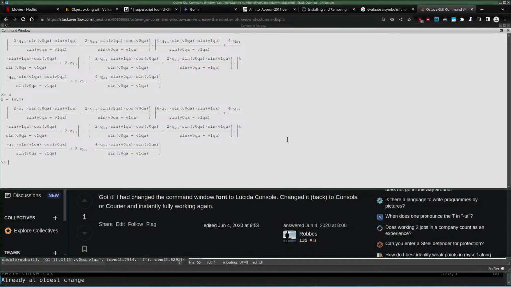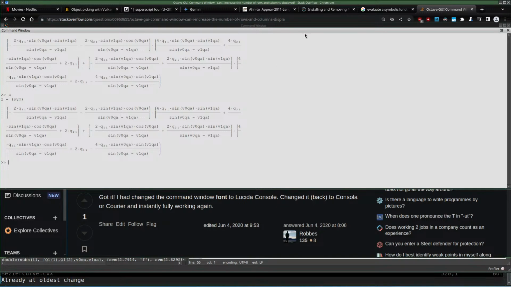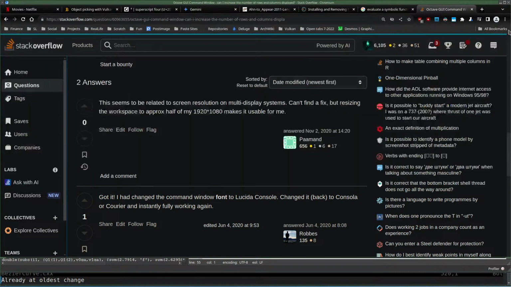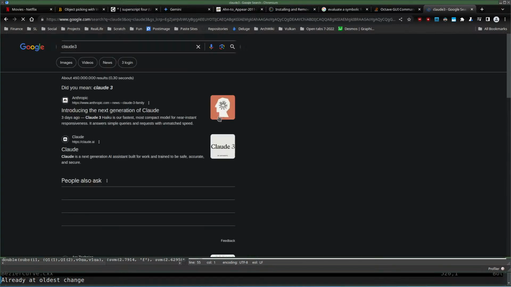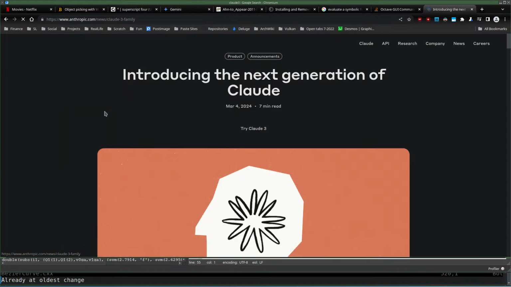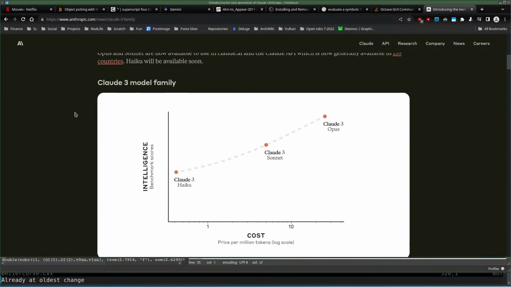Let's just stop with this and do something completely different. I'm just kidding, but command window. Shall I just close it? It does cost.